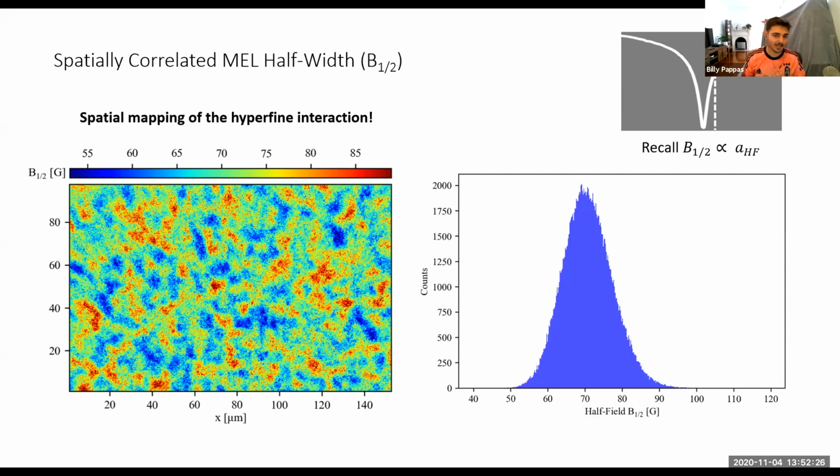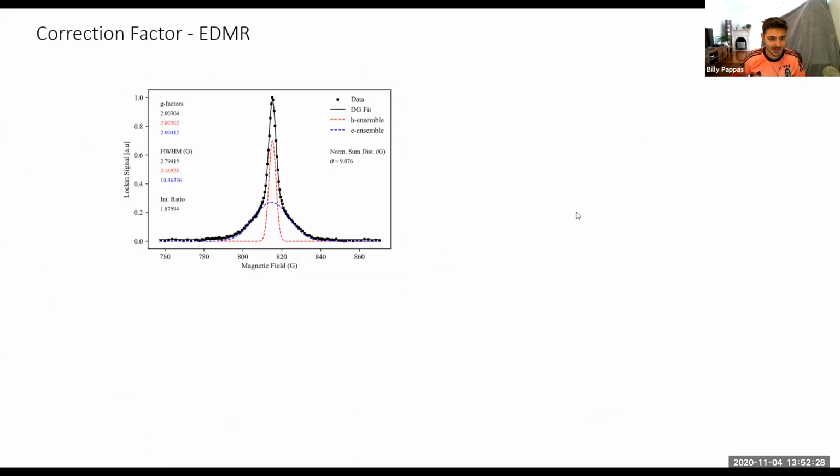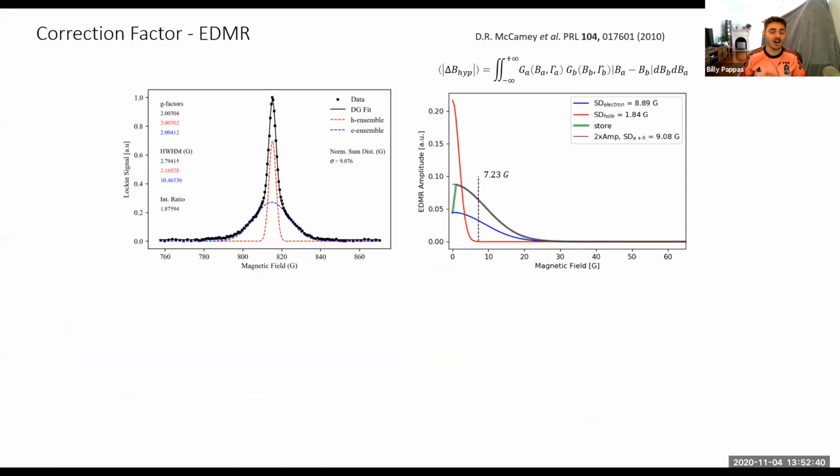And so to explain what I mean by that, we go back to our EDMR curve, and we see that we can pull out the electron and the hole ensemble independently of one another. Turns out that what you can do with this is you can now find the expectation value for the absolute difference in Overhauser fields experienced by the electron and the hole.